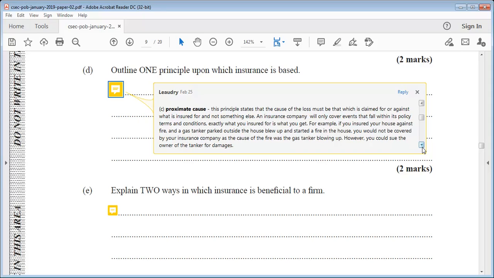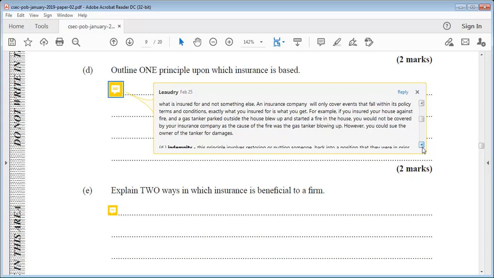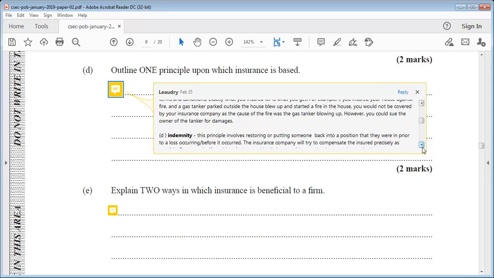It did not happen actually in the house, and your insurance is for fire in your house. So you could not get a claim. But what you could do is to claim the owner of the tanker for the damages that have been done to your house.